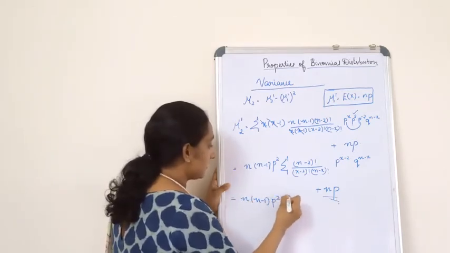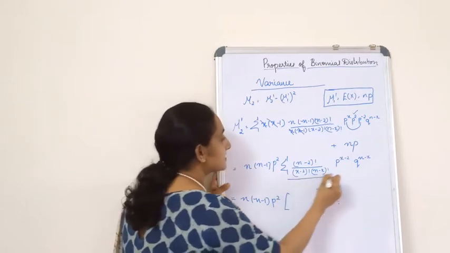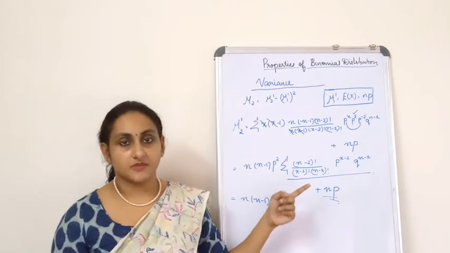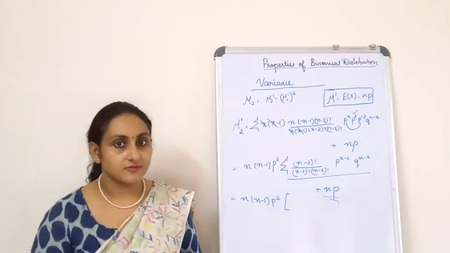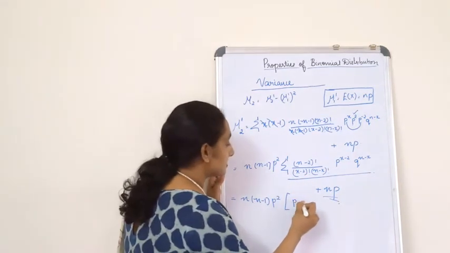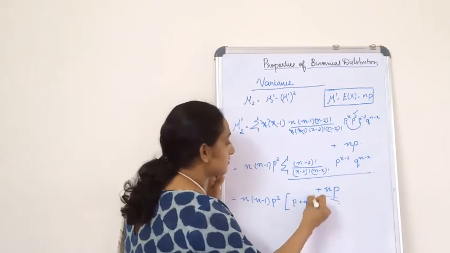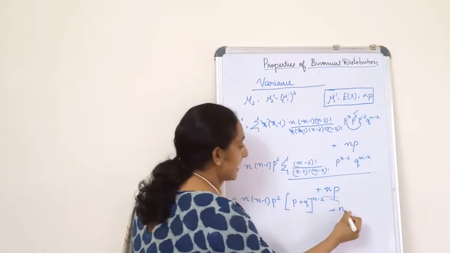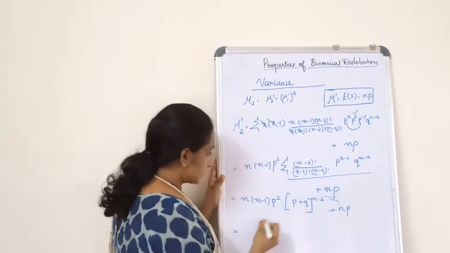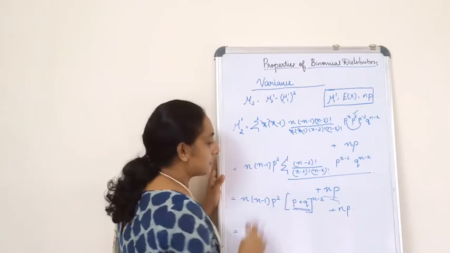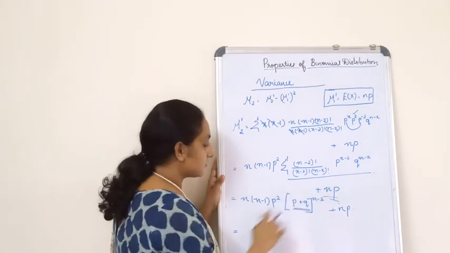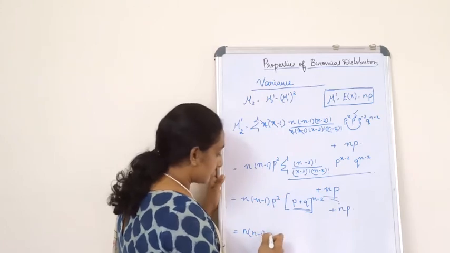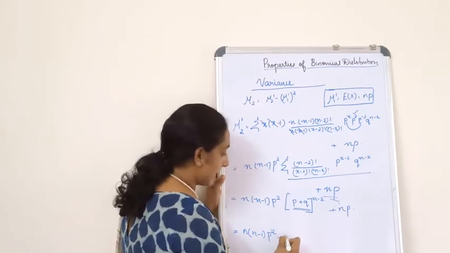p square multiplied by, now what is this term? When you expand, you will get the binomial expansion of, yes, p plus q the whole raised to n minus 2, and then the next term is np, which is equal to, now this you already know what it is, 1 raised to n minus 2 is again 1, so n into n minus 1 p square plus np.